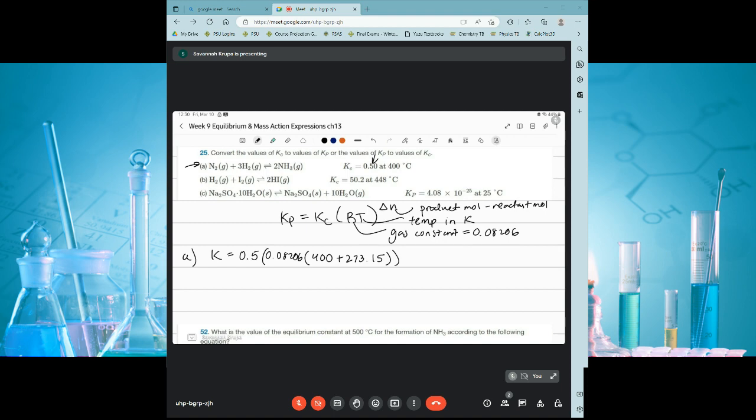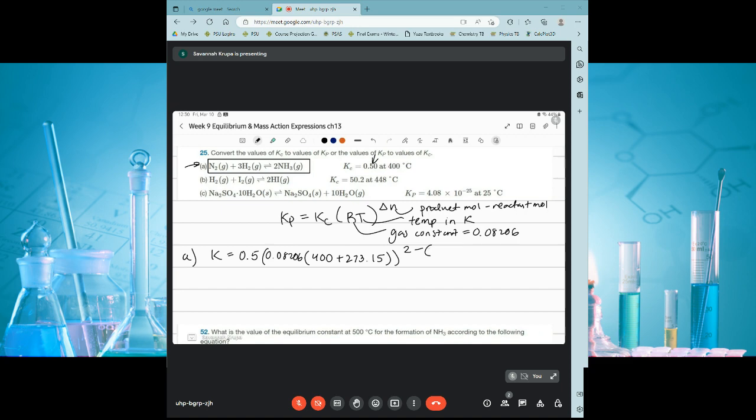And so delta N in this problem will be the product moles minus the reactant moles. And so in this specific reaction, for the products we have 2 of the NH3, so that is going to be the product moles subtracted by the reactant moles. And so for the reactant moles we have 1 N2, and then we have 3 H2.